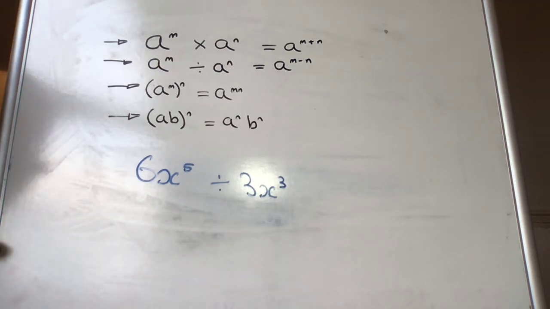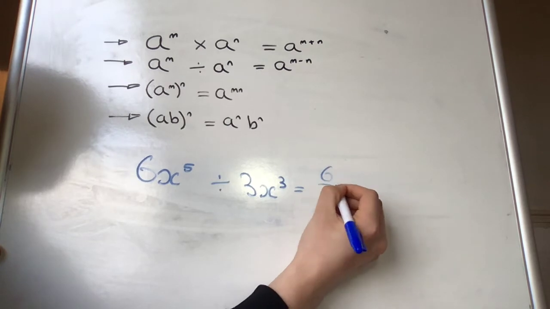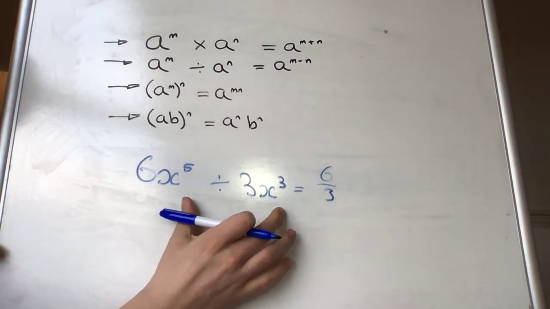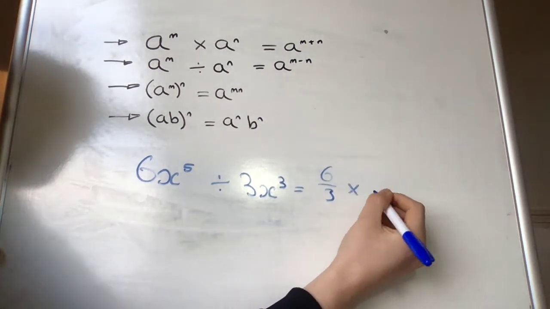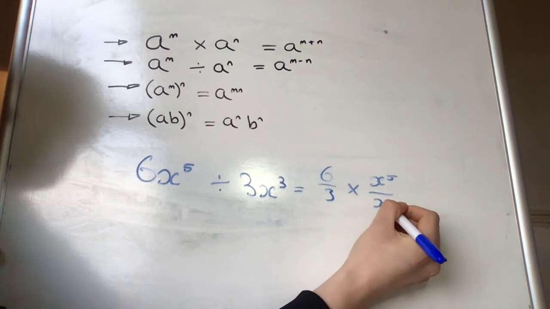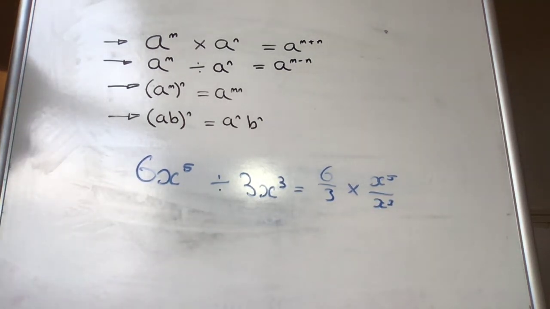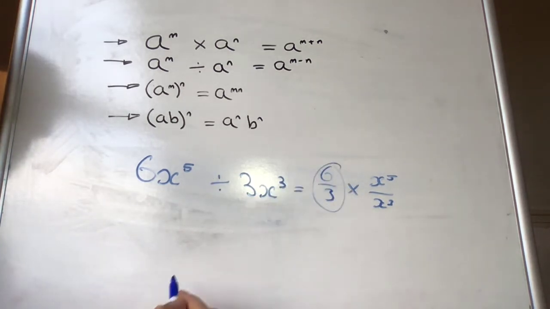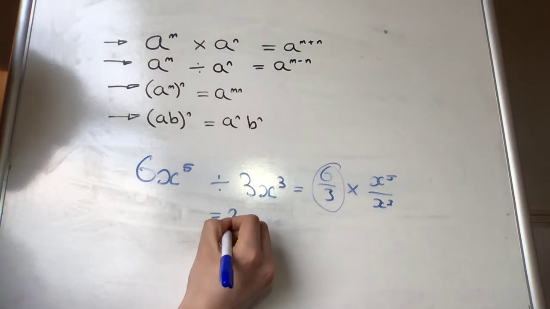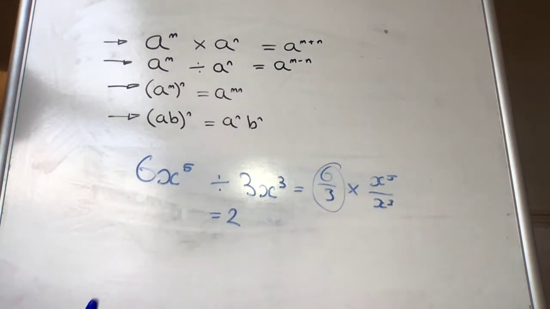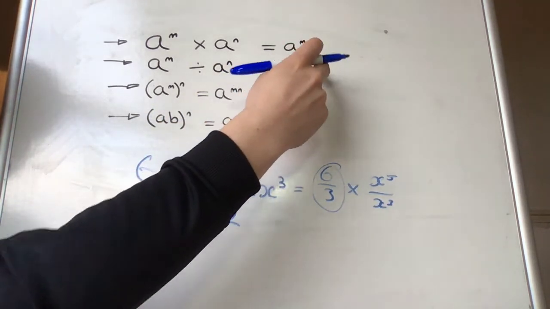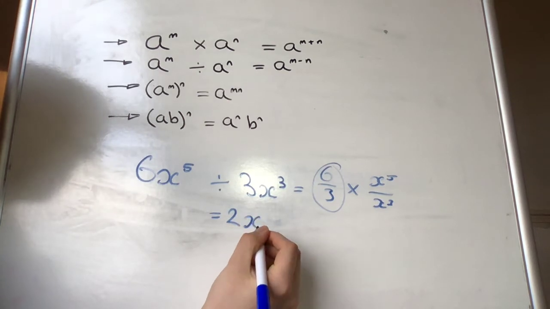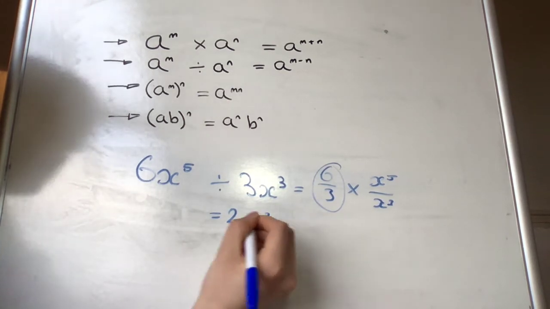We want to divide 6 divided by 3 as our first part, then times x to the power of 5 divided by x to the power of 3. That leads us into two simple things. We know that 6 divided by 3 equals 2, and x to the power of 5 divided by x to the power of 3 is x to the power of 5 minus 3. So that equals 2x to the power of 2, 2x squared.